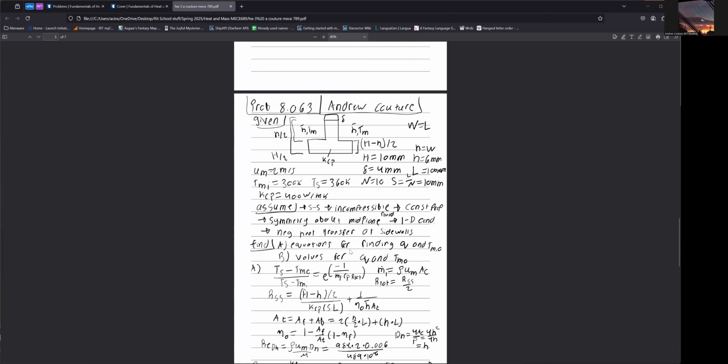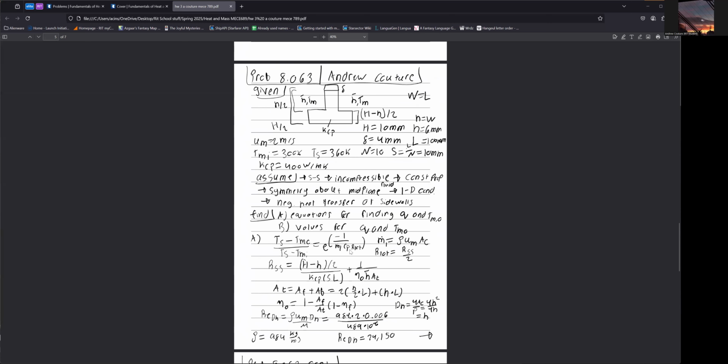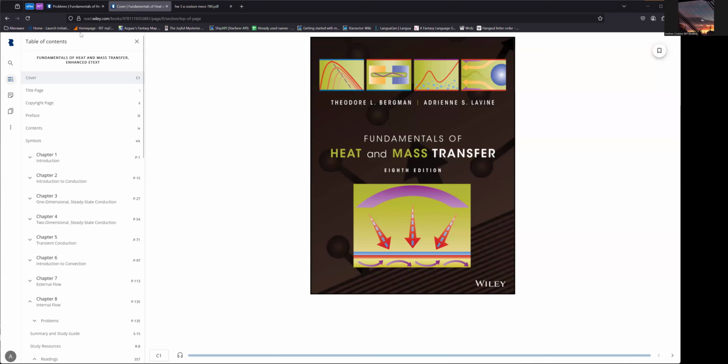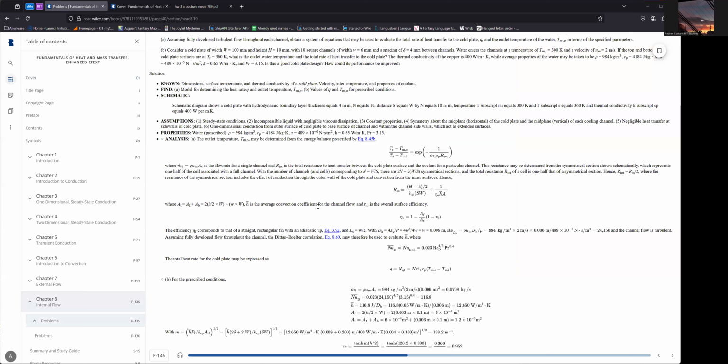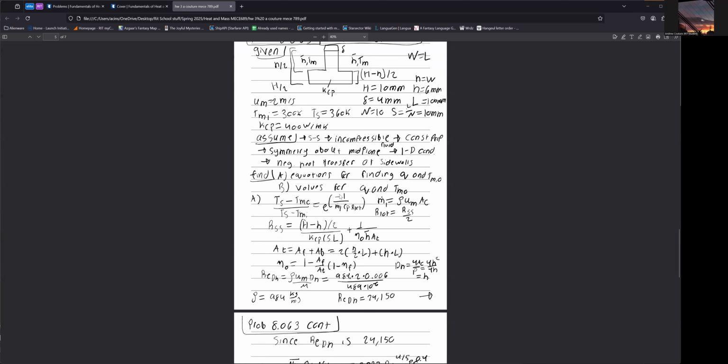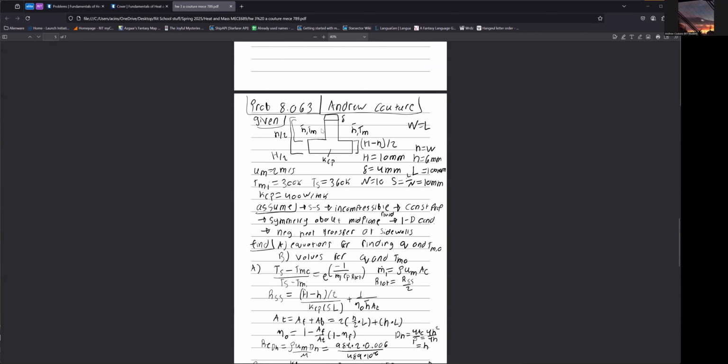This is a lot, so I'm just going to give a minute on each page just to let you look at it. As I said, it's a lot of equations. That's why they ask for the equations before you even start doing the calculations. There's a bunch of equations being pulled from different chapters, referencing the Nusselt number, keeping track of all the areas for the actual fins, simplifying it down to be reasonable to actually calculate.